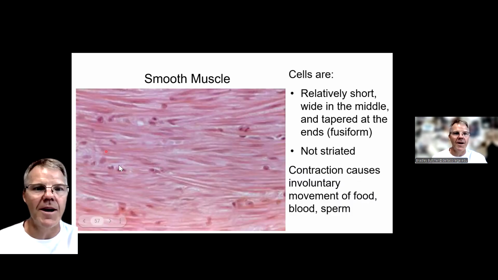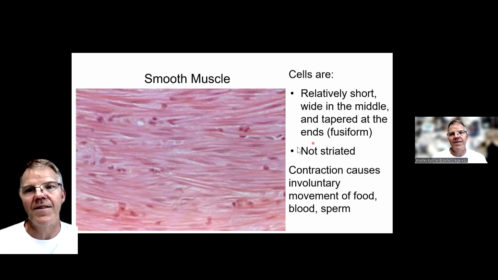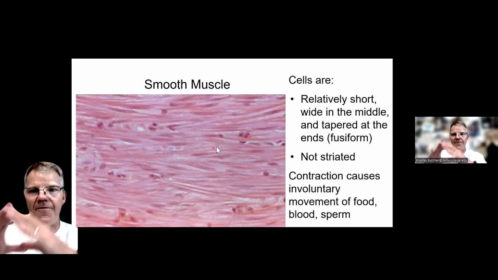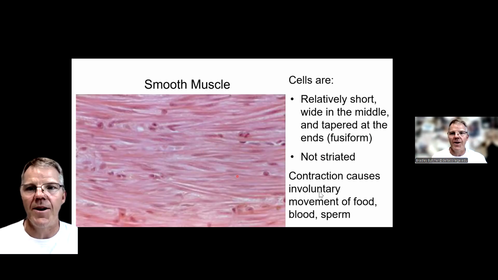Smooth muscle, right? If you look here, you kind of see how it gets its name. Smooth muscle, unlike cardiac muscle, is not striated, so it does not have that sharp striped appearance. They're typically short, wider in the middle, kind of tapered at the ends, this kind of fusiform look to it.